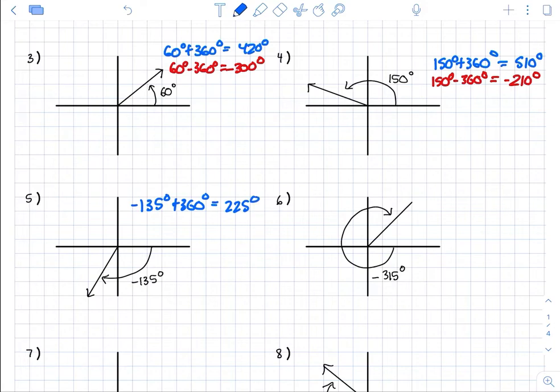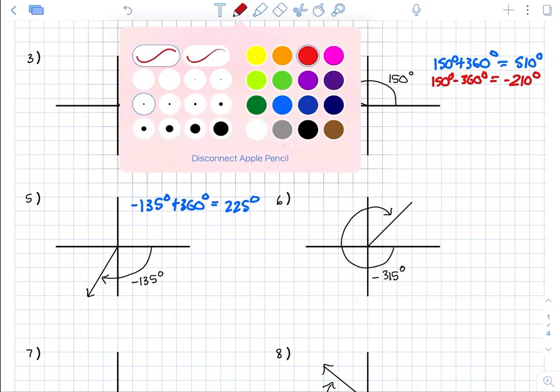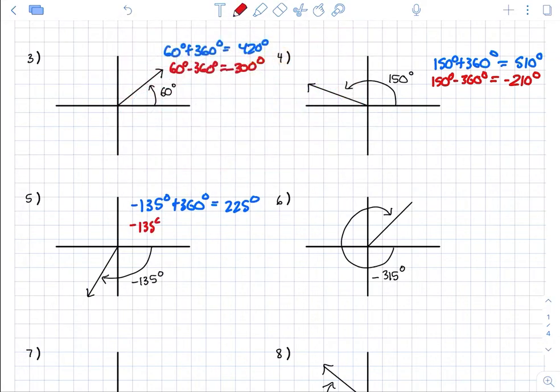Now, to find another coterminal angle, we need to subtract 360 from negative 135, and we would get negative 495 degrees.